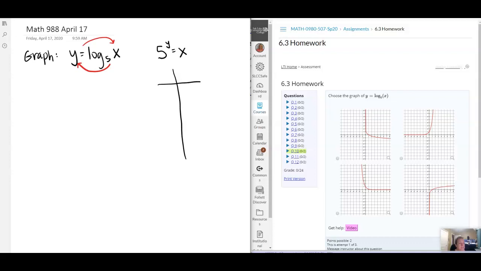The thing that's different on this, and maybe I'm just going to write down a couple of steps to make sure it's clear: the first thing you're going to do whenever you see a log equation, a function that you're trying to graph, is always change that to exponential form.